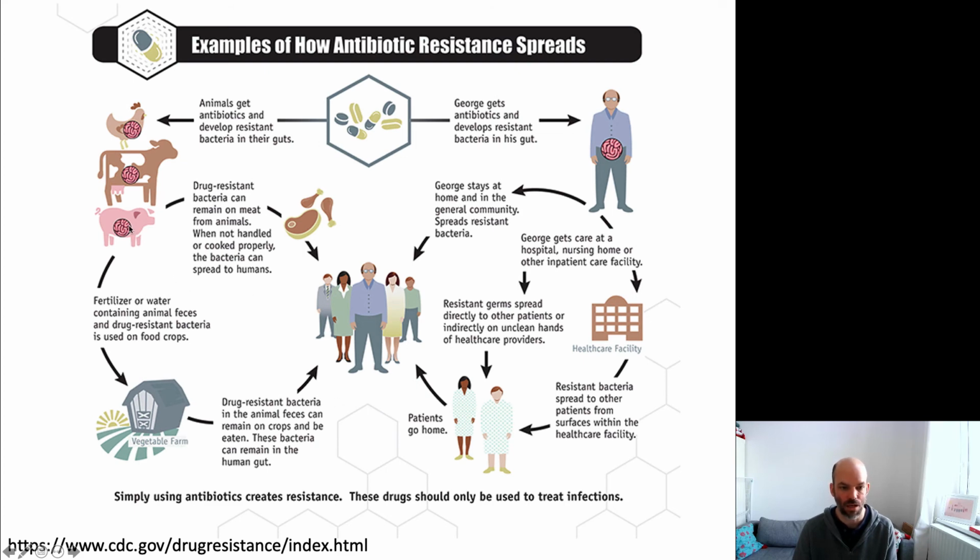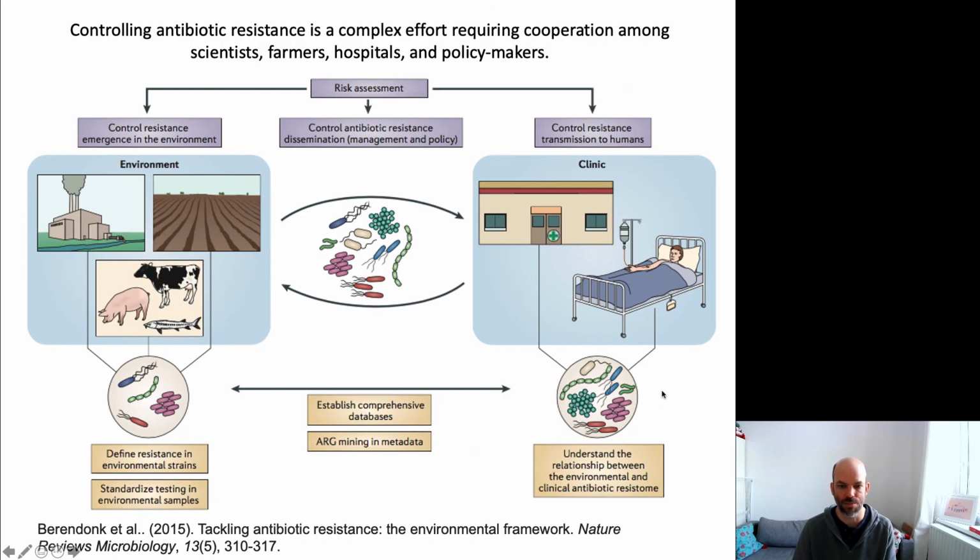Then it can select for resistance in the bacteria themselves, and the bacteria can be ingested through improperly cooked meat and through feces, which also gets into the water system and the environment in general. So especially because of agricultural practices, resistance is a system-wide environmental issue.